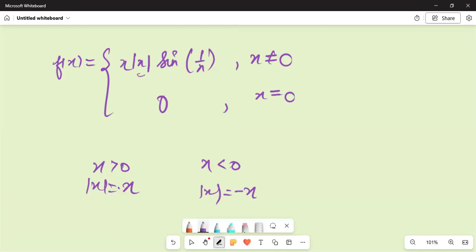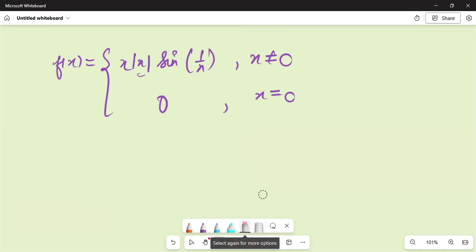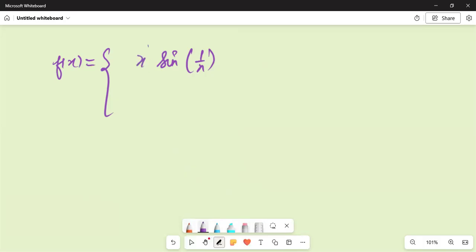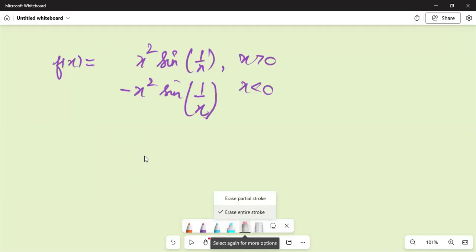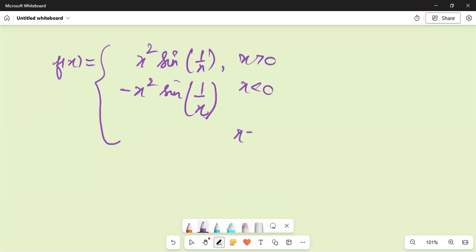So f(x) becomes x square sine 1 by x if x is greater than 0. If x is less than 0, it is minus x square sine 1 by x. And if x is 0, then it is 0.